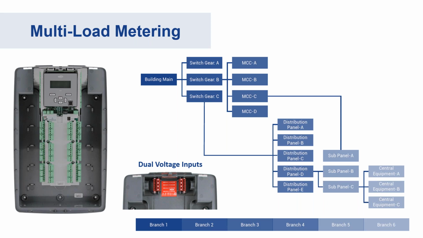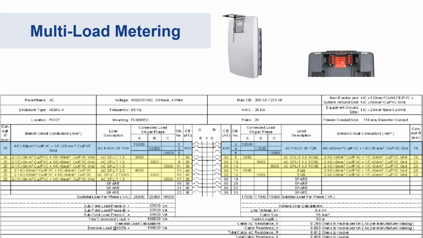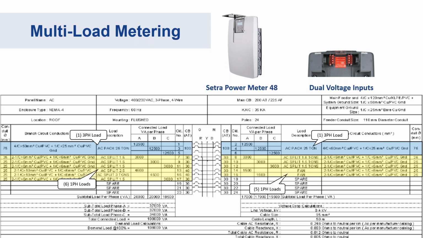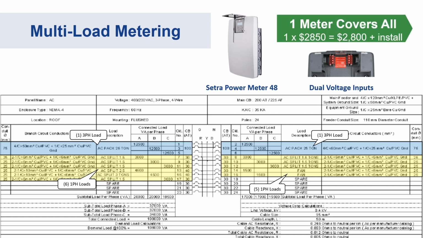So now, with that concept in mind, let's go back to the diagram that we had before, and let's look at it with an SPM48 applied instead of all of the single meters themselves. So I'm looking at my 3-phase and my single-phase loads across this takeoff here, and now I'm going to apply just 1 meter for $2,850.